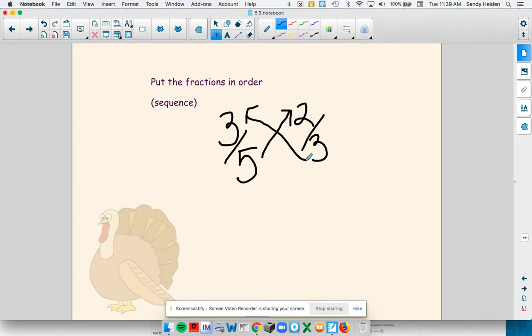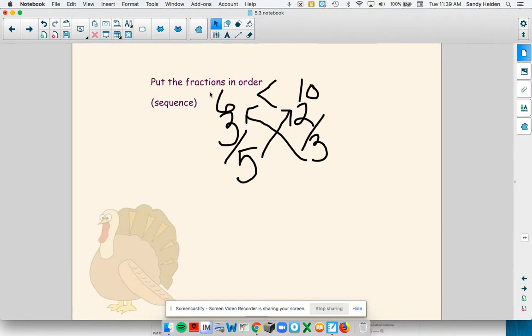Follow that when you multiply. 3 times 2 is 6. Write it above. 5 times 2 is 10. So 6 is smaller than 10. So 3/5 is smaller than 2/3. It works for every fraction.